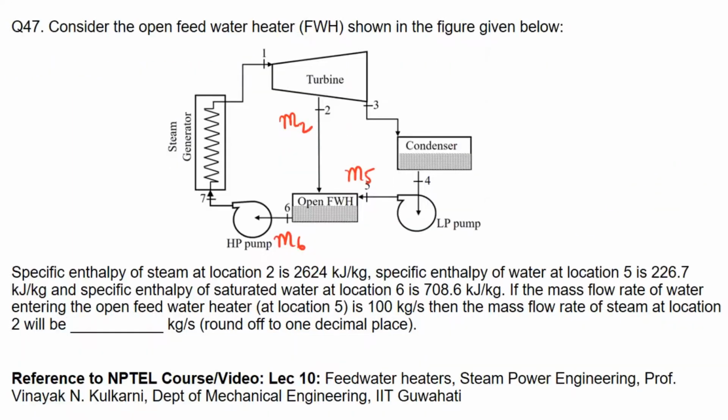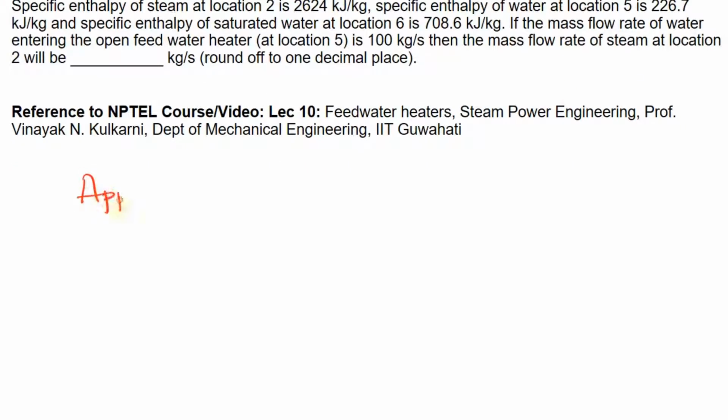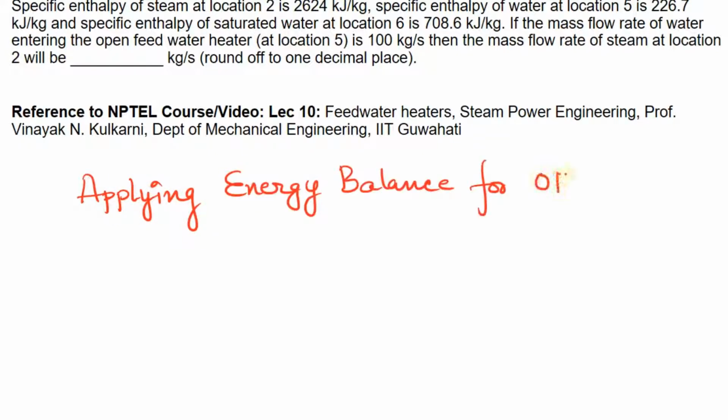Okay, and if we apply the energy balance for the open feed water heater, we can write M2H2, mass flow rate of water at location 2 into specific enthalpy at location 2, plus M5 into H5 should be equal to M6 into H6, right?